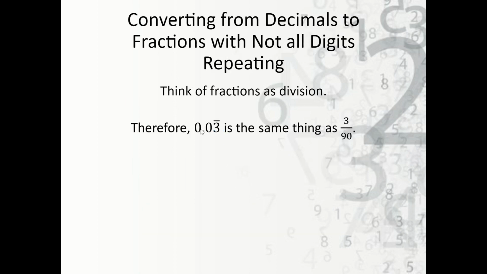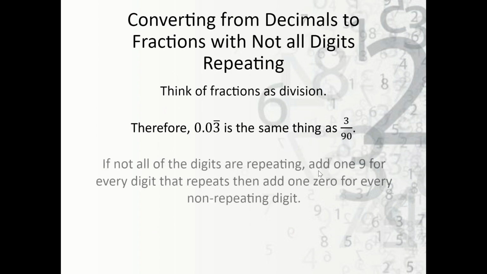Now for this one, we have 0.03 repeat, which I'm telling you is the same thing as 3 over 90. Now here's how this works. For every digit that is repeating, we include a 9. For every digit that's not repeating, we include a 0, just like we did before. So in this case, we have one digit repeating, so we're going to include a 9.